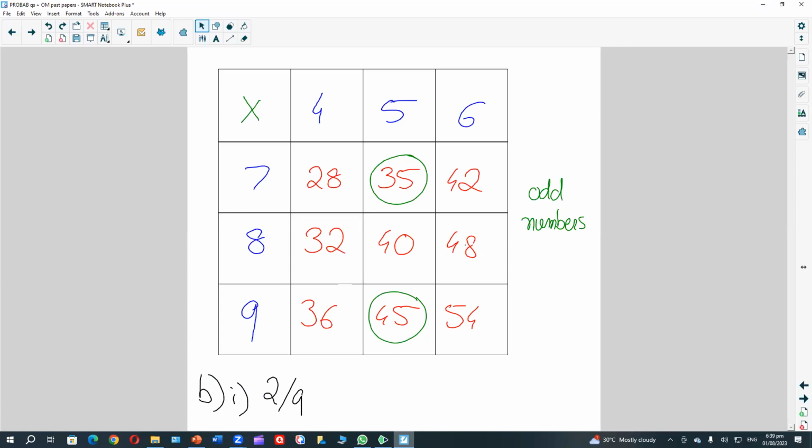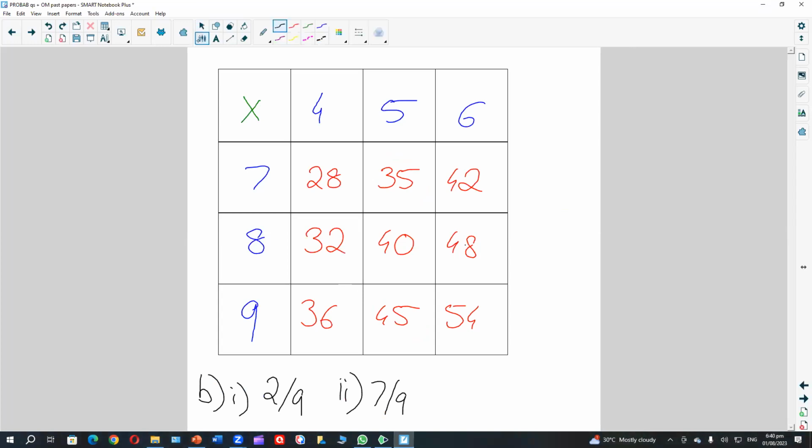Then even numbers are... Can you identify for me what are the even numbers? 28, 32. Is it right? Yes, Rafi, compare.